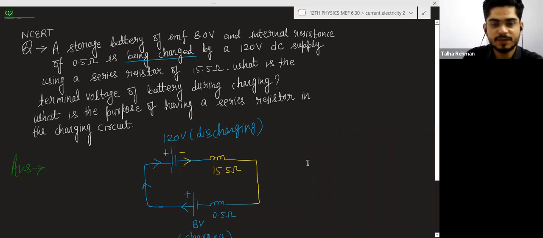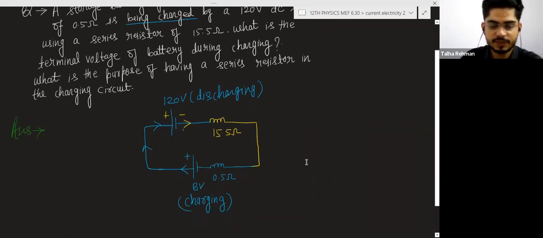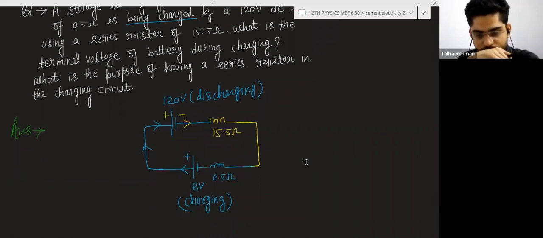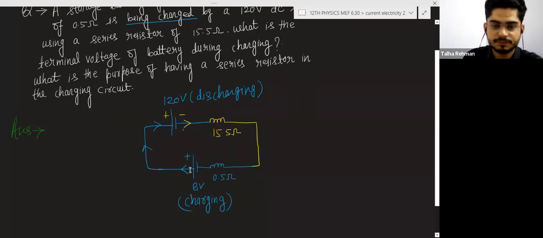We have to find the terminal voltage of this 8-volt battery. They are asking what is the terminal voltage of the battery during charging.